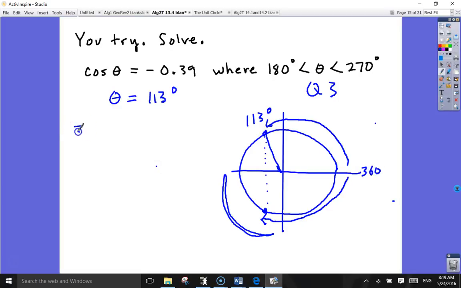What's 360 minus 113? And that should be 247, which is in between 180 and 270.